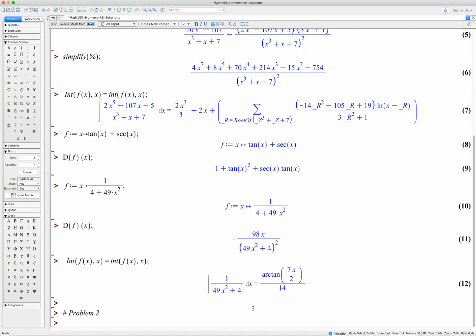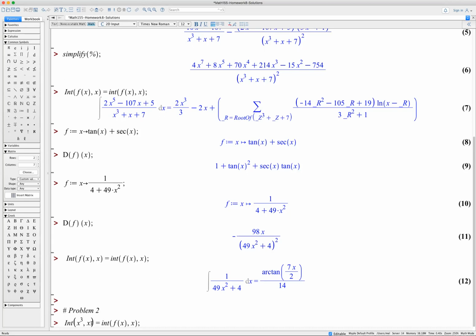Problem 2, we want some definite integrals. So let's see. In this case, I'm integrating the function x cubed. And when I want a definite integral, I have to give the upper and lower bounds of integration.